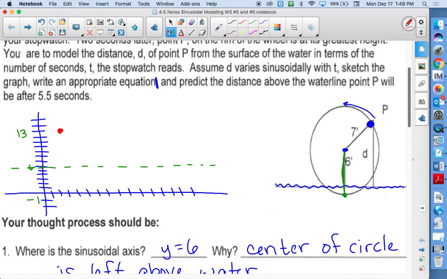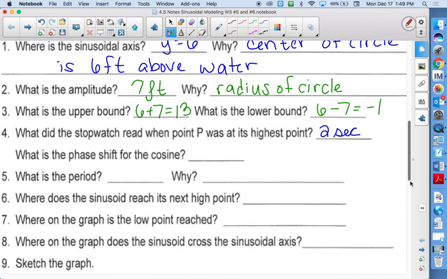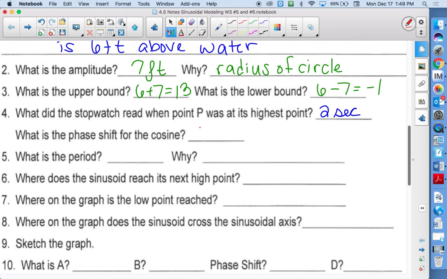And that's where your first point's going to be located. So at 2 seconds, it's at the top of the graph. Well, the top of the graph is 13 feet above the water. So that means our phase shift is 2, because the cosine starts at the maximum point. So when it's at the max of the circle, the water wheel is at the top, then that's also where our cosine starts. So the next question, now we want to figure out the period.